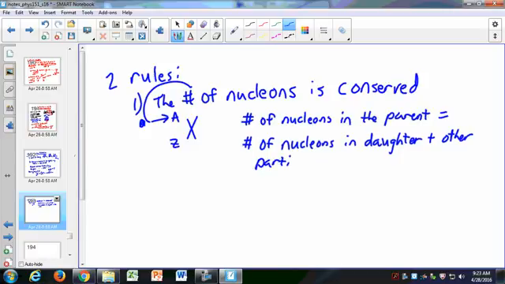We'll see that alpha particles carry four nucleons, and so we'll need to include those. I'll show you that with alpha decay.